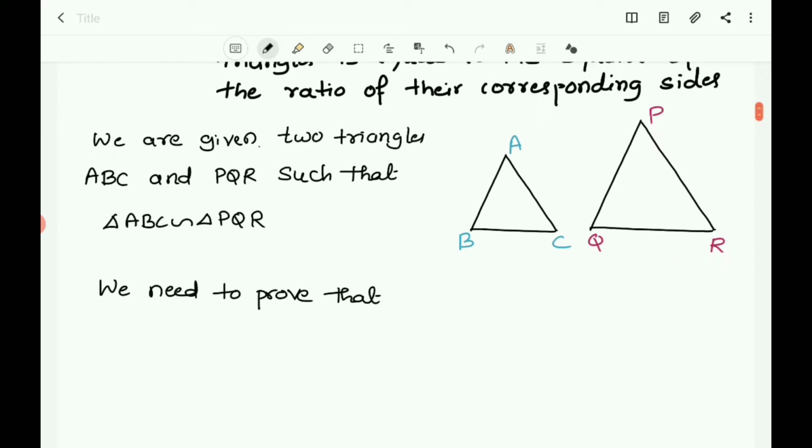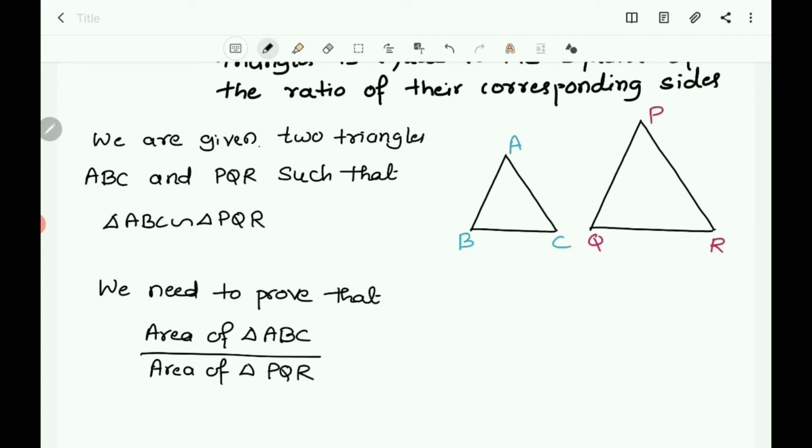So we need to prove that area of triangle ABC by area of triangle PQR is equal to, here which are the corresponding sides?